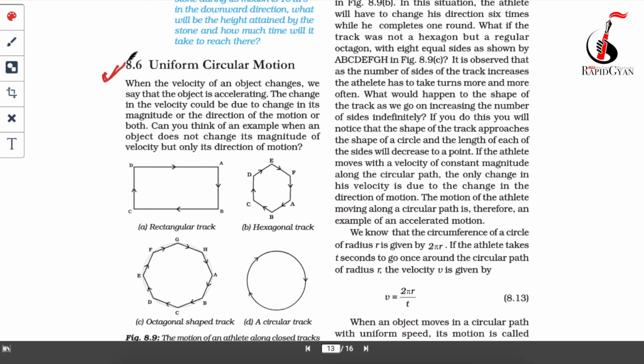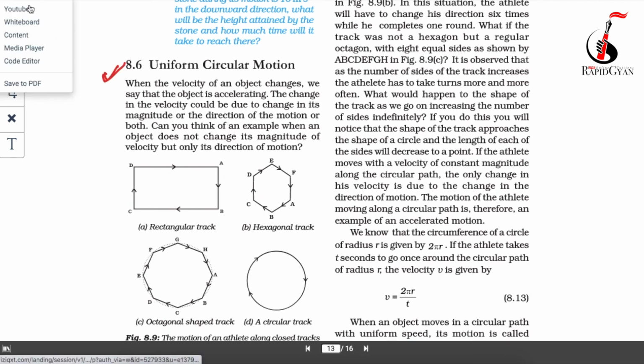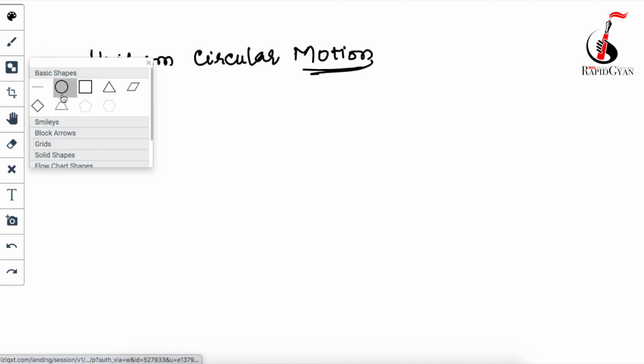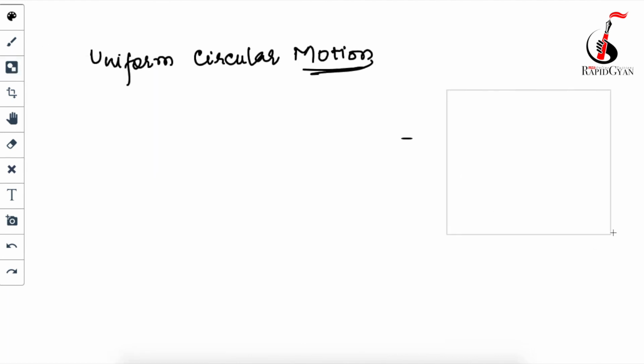They are talking about uniform circular motion. So I will tell you what uniform circular motion is first. I have told you that uniform motion means your velocity is constant. Uniform circular motion means your speed is constant, but the motion is on a circular path, like this.